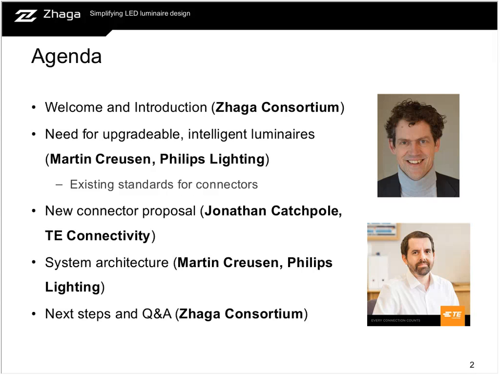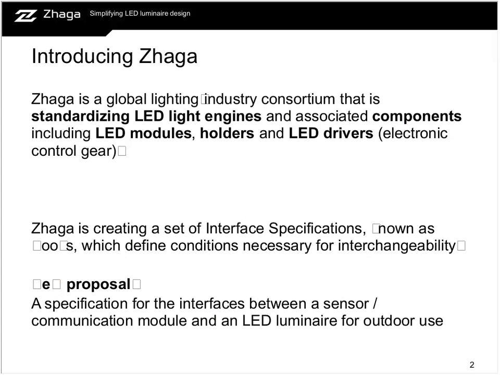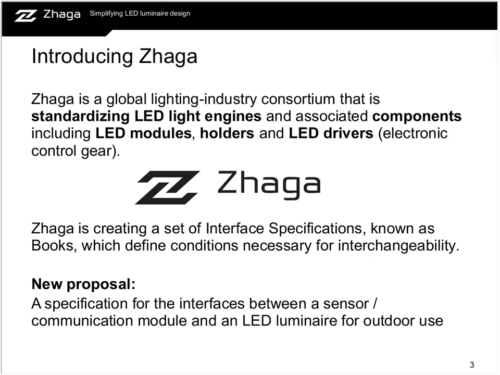So I'm going to briefly introduce Zhaga. As you're probably aware, Zhaga is a lighting industry consortium with over 100 member companies, and we are standardizing LED light engines and components.